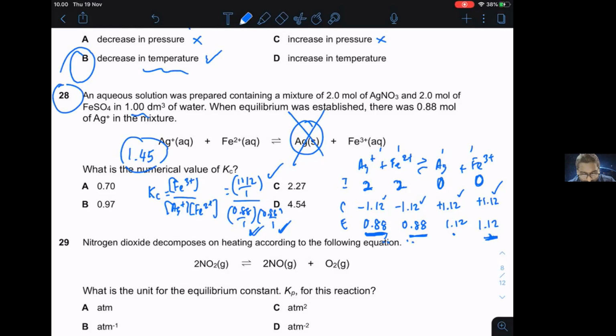Maybe let me try again. Two moles, 0, 0, when equilibrium was established.